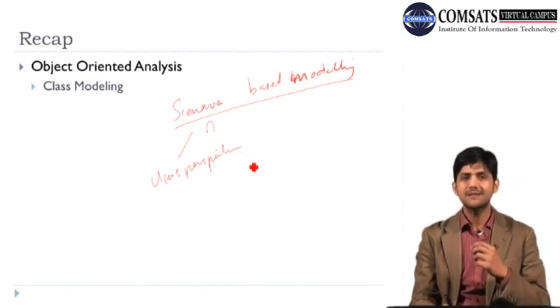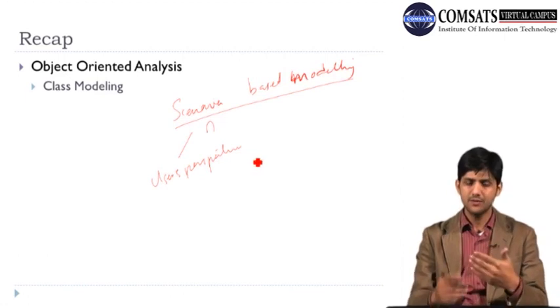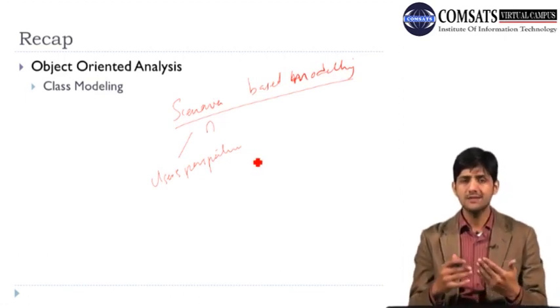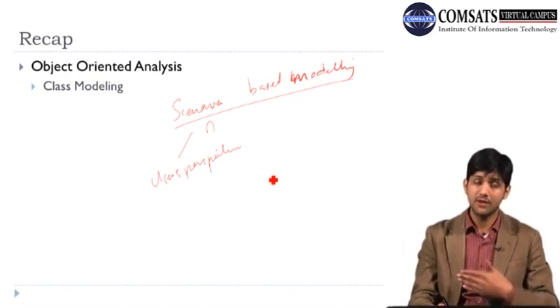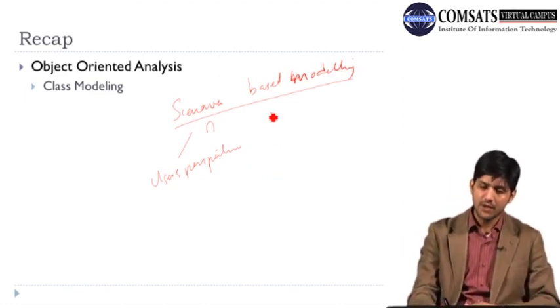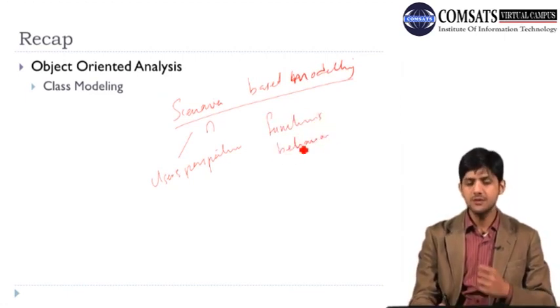So it helps us understand what functionalities our system should possess when a user tries to interact with it, and how our system should behave when a user is interacting with the system. So it helps us understand the functions and also the behavior in response to the user interaction.